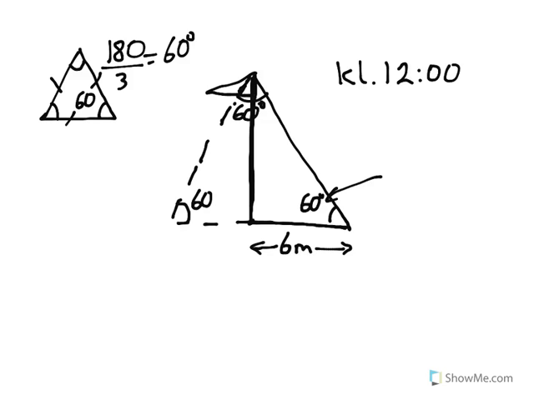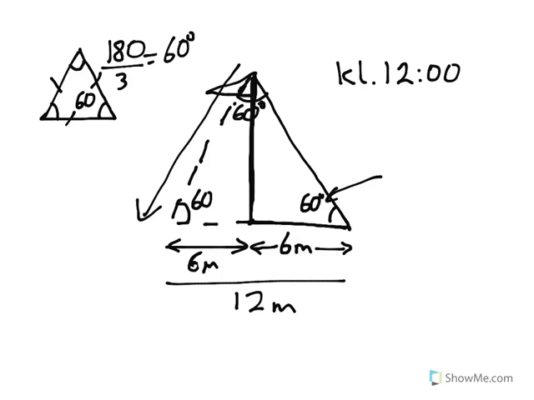And if half of this triangle is 6 meters, then the other half of this imaginary triangle is also 6 meters, giving me that the whole length of this triangle is actually 12 meters. Okay? Well, if the length of this is 12 meters, then the length of this is 12 meters too.